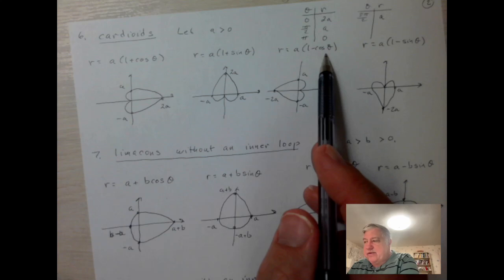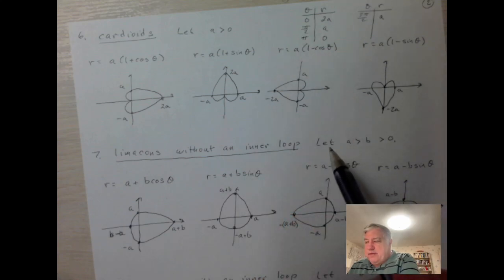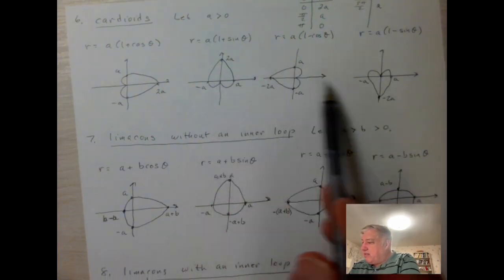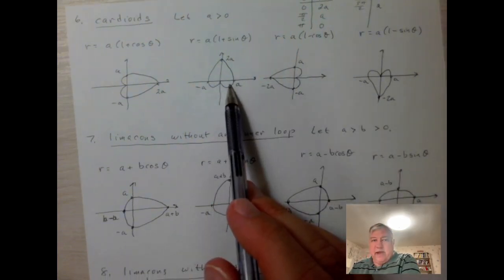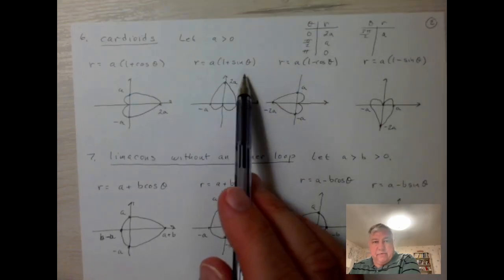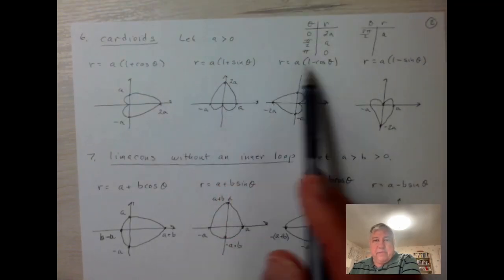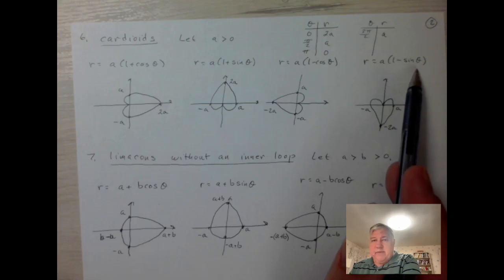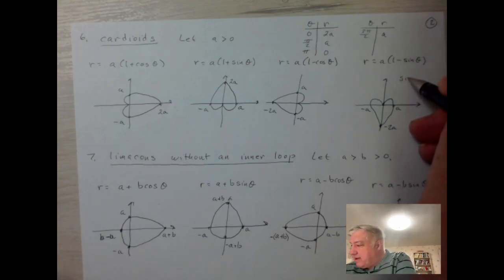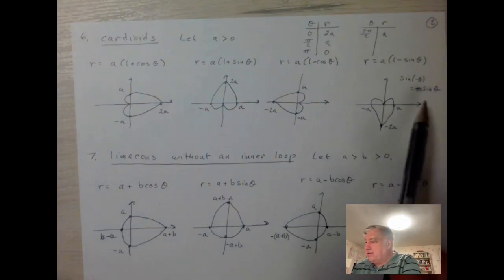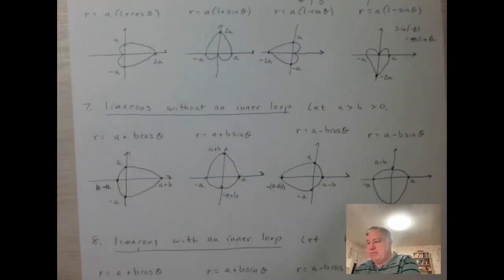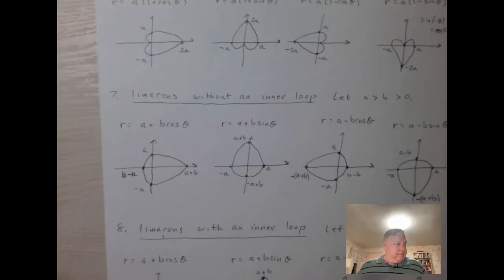That's the effect of replacing theta with pi minus theta. And then this reflected through the x-axis gives us this, and this corresponds to theta being replaced with minus theta. Remember that sine of minus theta is minus sine of theta, so that's why that works. So keep that in mind. All right, so these are the symmetries.